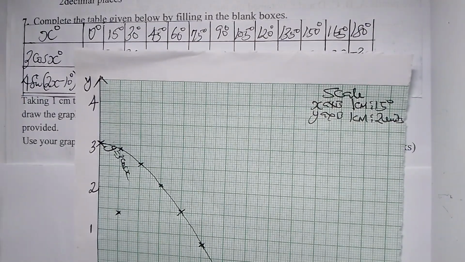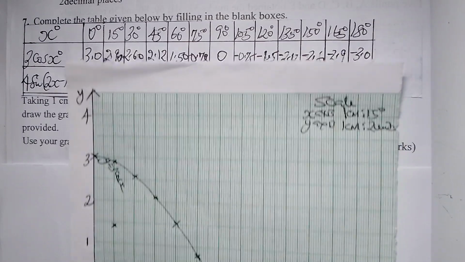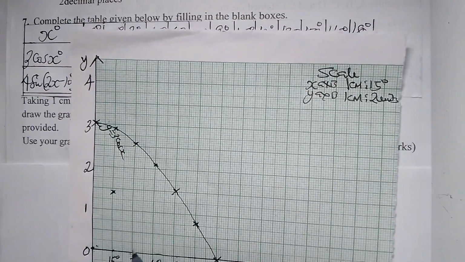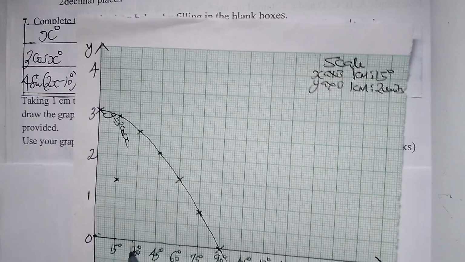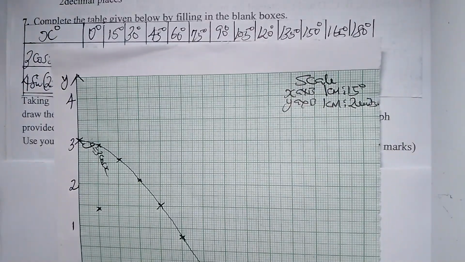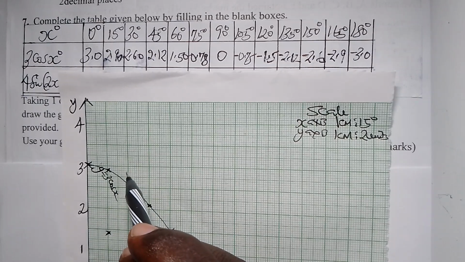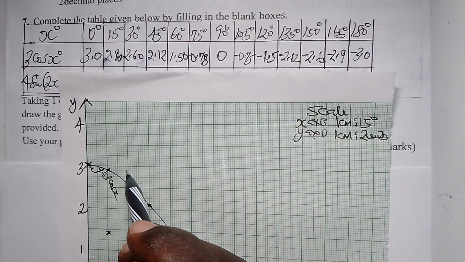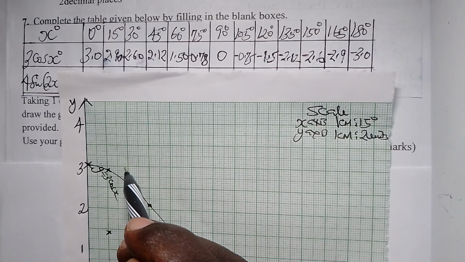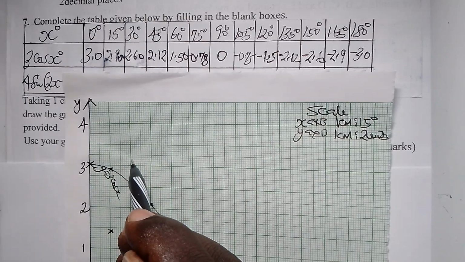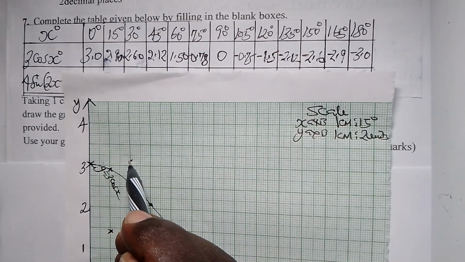At x equals 30, we have 3.1. 3.1 will be up here, 2 small squares after 3.